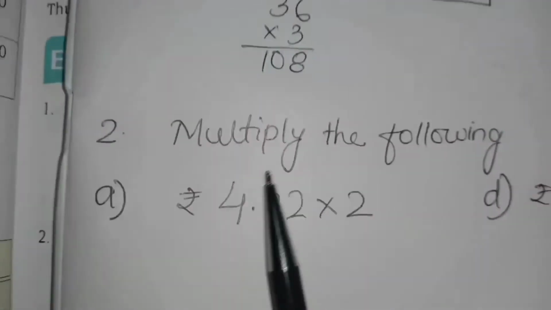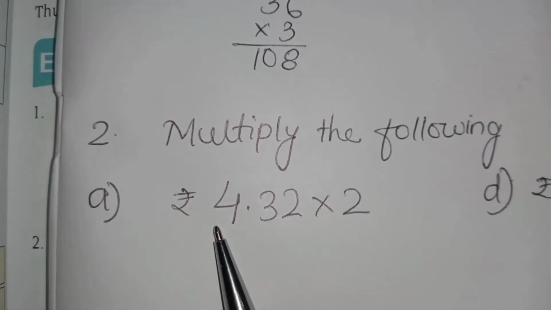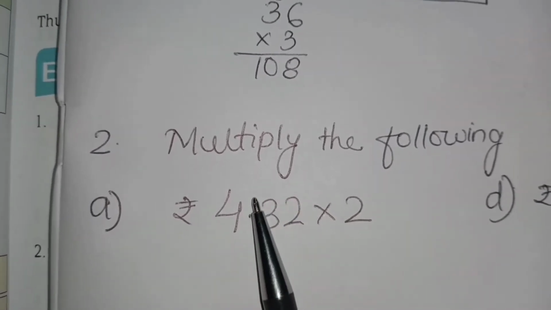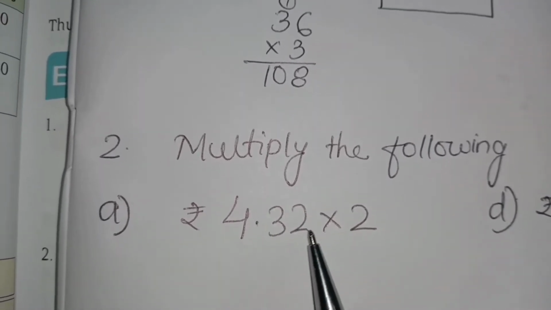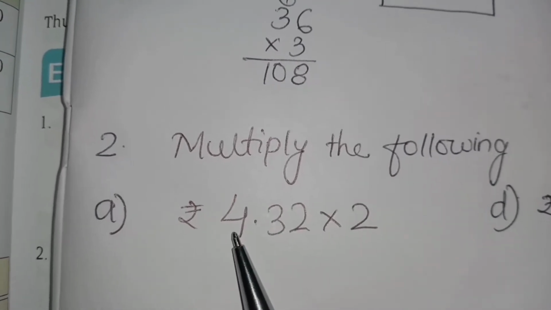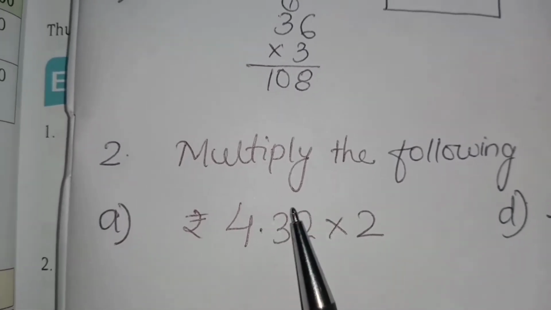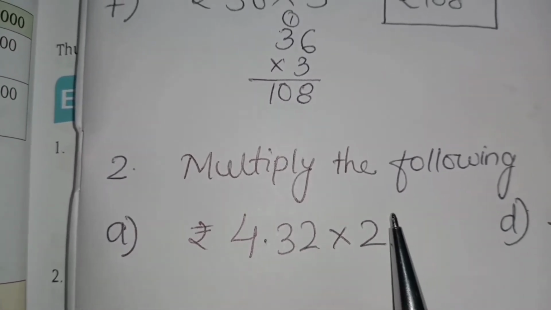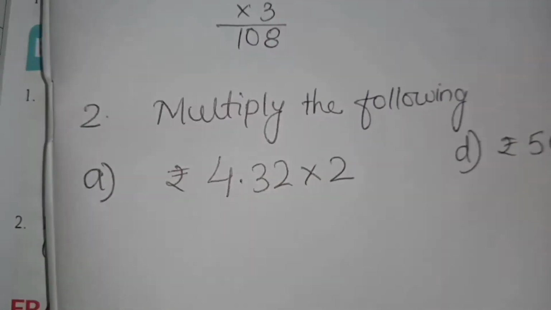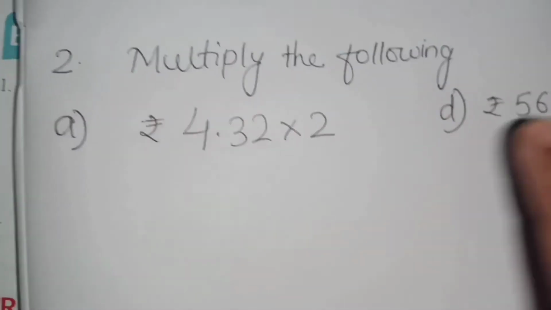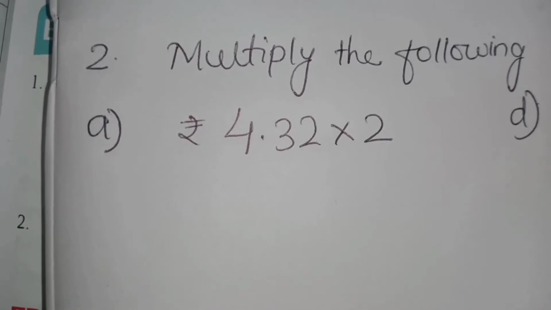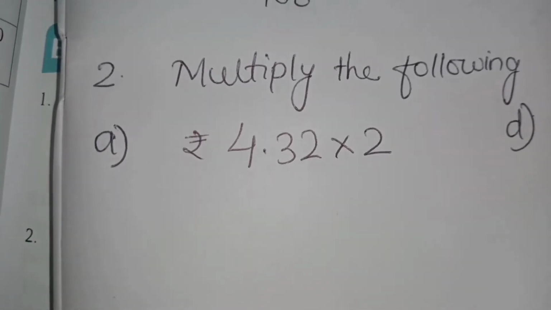So how to read this? 4 rupees and, after this decimal, the number you see is paise. So 4 rupees and 32 paise. We have to multiply by 2. So now how to multiply? This one is new to you. Multiplication is the same, how we do the multiplication.